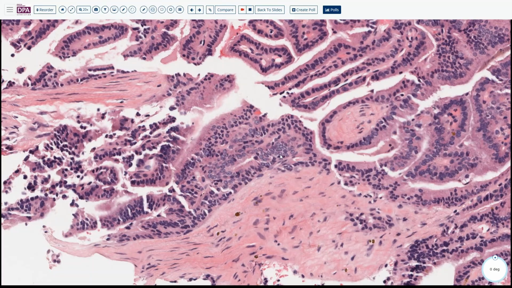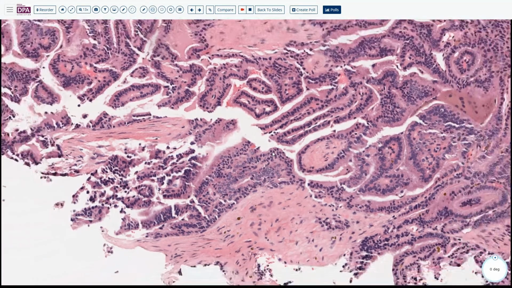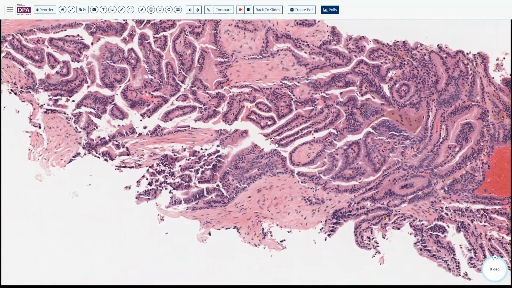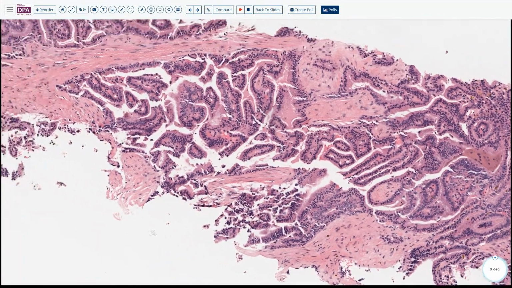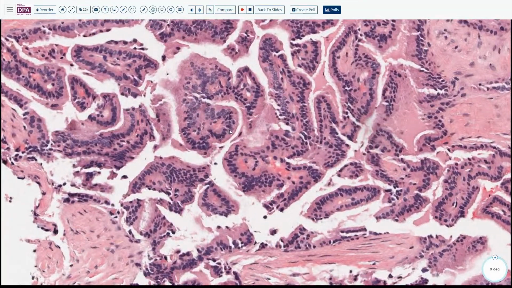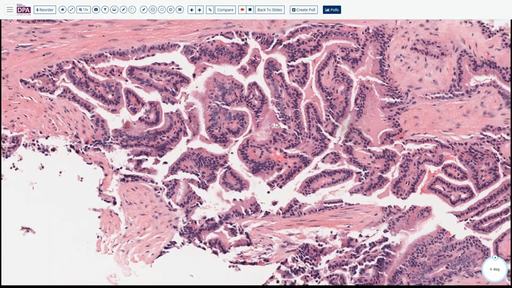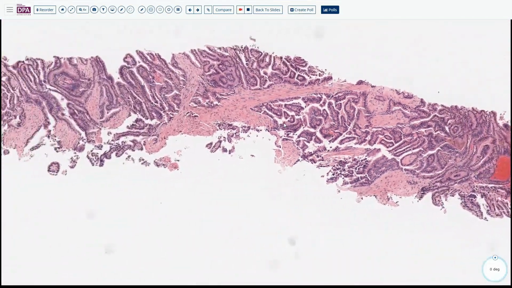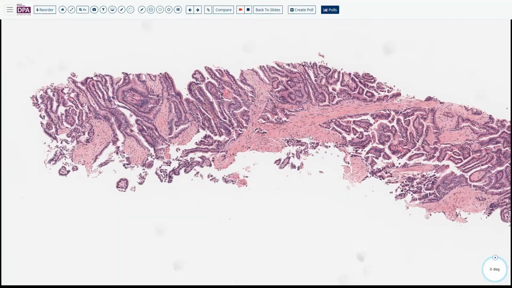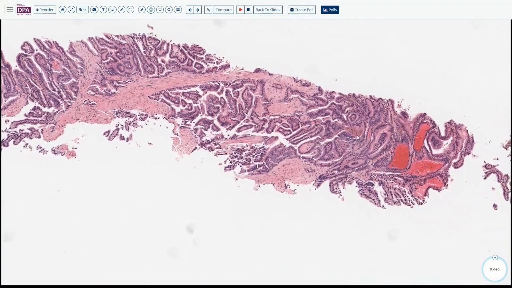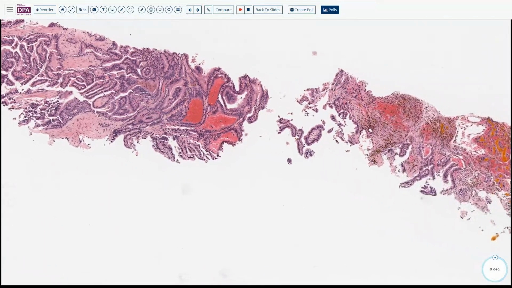We may see some nuclear groove, may hallucinate some nuclear inclusion, but not really distinct. But this chromatin pattern just does not look like something in the breast. And then this one, we do not see a psammoma body. If we can see it, we can definitely think of something else.